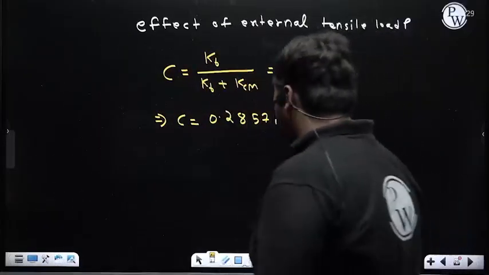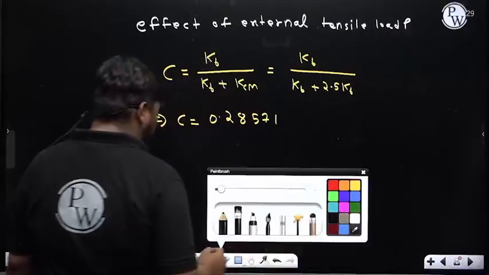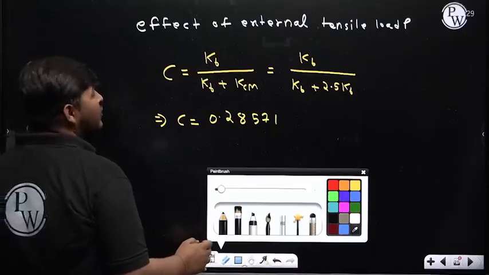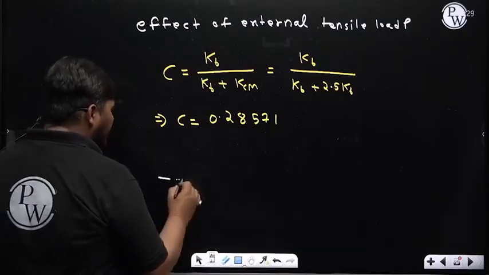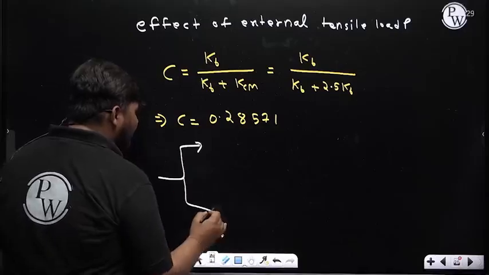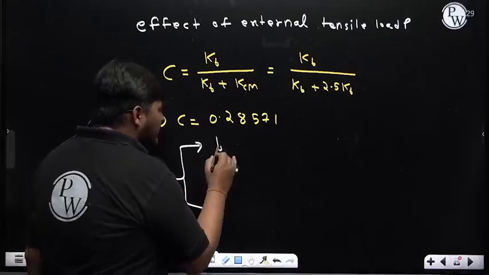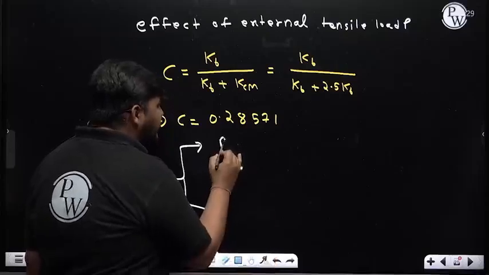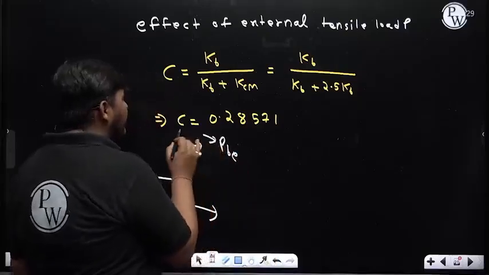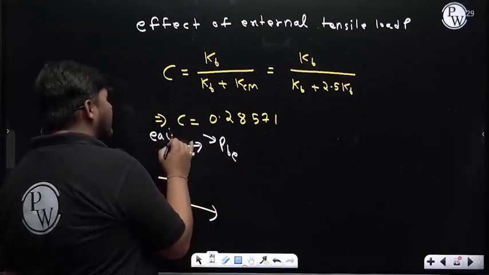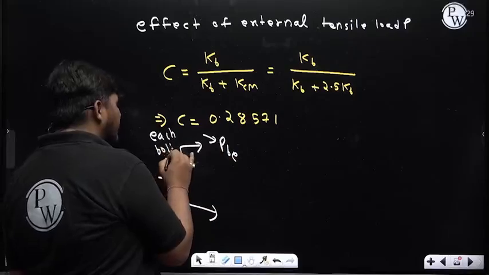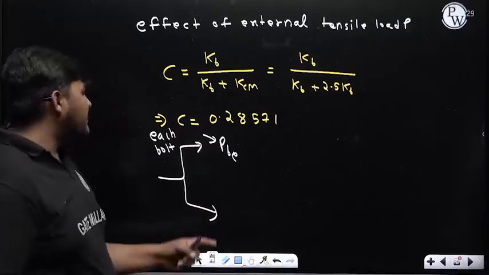Now if the stiffness correction factor is C and the total external tensile load in this assembly is P, now we have to calculate what will be the effect of this total external tensile load in each bolt. That I am representing as PBE. Again, whenever we are calculating the effect in a bolt, we are calculating it in each bolt. So what is PBE?